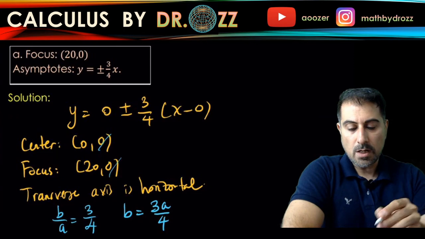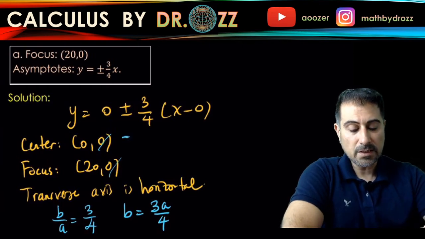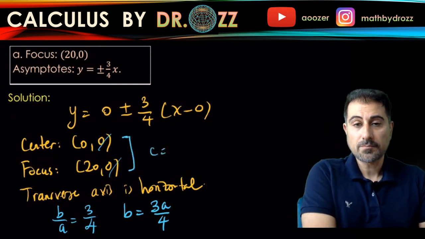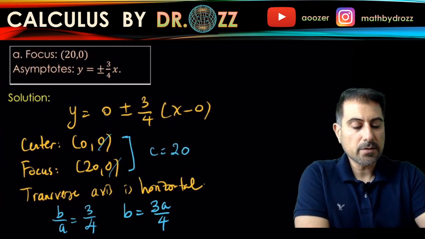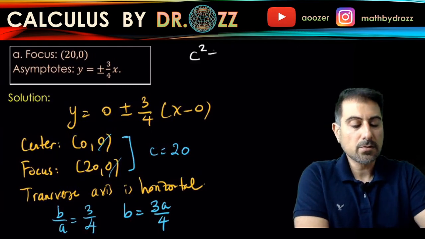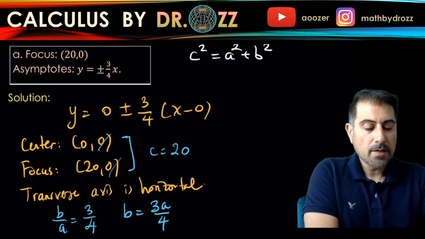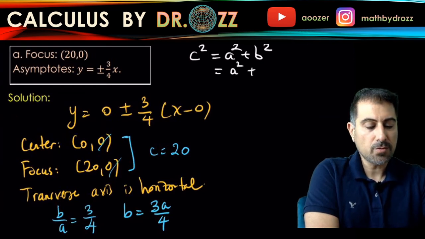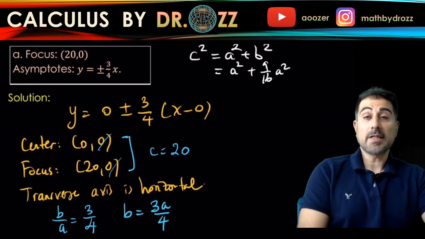From the focus, I can immediately see that the distance, with focus (20, 0) and center (0, 0), is c, from center to focus. That tells me that c equals 20. That's good, because now I have the relationship between c and a. c squared equals a squared plus b squared. That's a squared plus 9 over 16 a squared, and that has to add up to 400, because that's 20 squared.